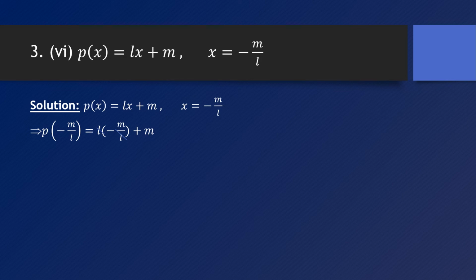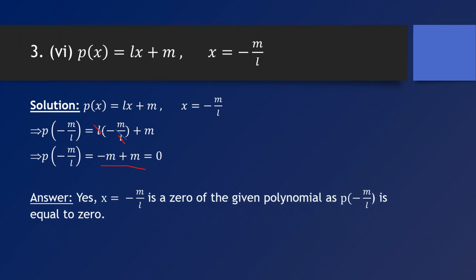Here you can see that this L in the numerator and this L in the denominator will get cancelled with each other, and we will have minus m plus m, which is equal to 0. Therefore, yes, we can say that x is equal to minus m upon L is a 0 of the given polynomial, as it is equal to 0.